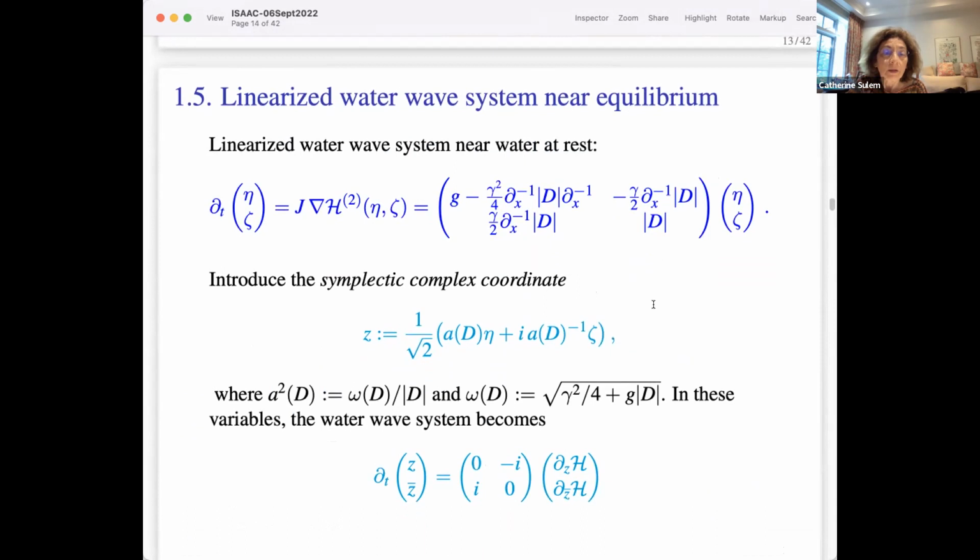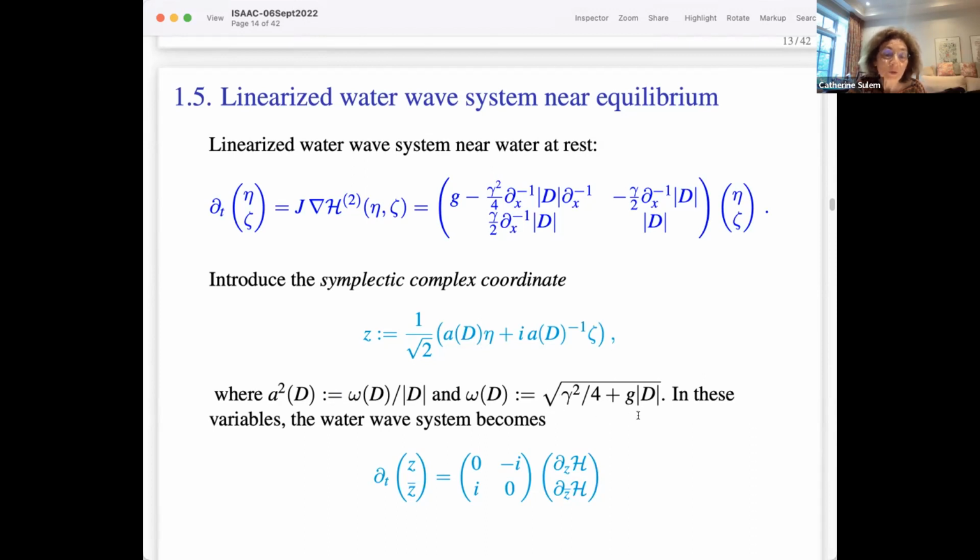It is traditionally convenient to diagonalize this matrix by introducing symplectic complex coordinates that are defined in the following way. From eta and zeta, we take this combination zeta equals A d eta plus i A minus 1 zeta, and A is the operator that consists in taking omega.